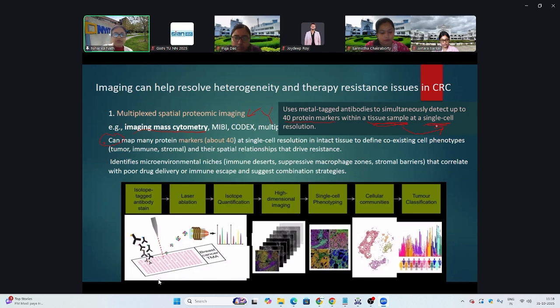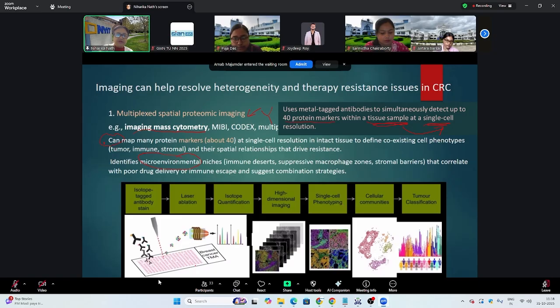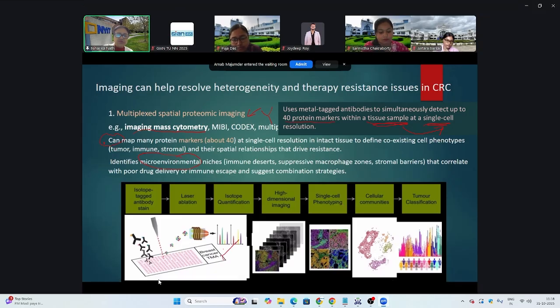Okay, I'm almost done. So this can identify anything that's in the microenvironment, the macrophages and everything else. Everything can be identified. So the way this works is this whole process, which I cannot explain completely. But look at this. This is just a slide where you put some of the tissue sample.